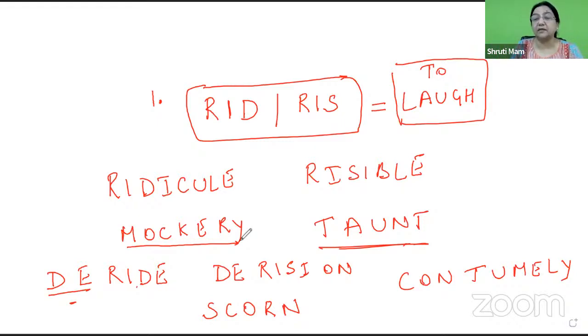If you've seen the laughter channels, they all mock, ridicule, or pass some kind of scorning comment. If you've made a note of it, it'll be nice, because I'll not be able to bring these words and show you again. You can take a picture from the board, or note it down, as per your convenience.